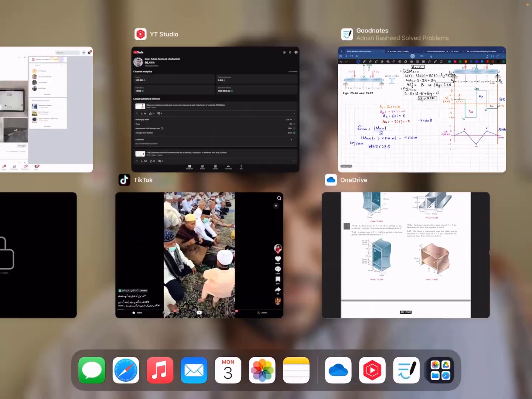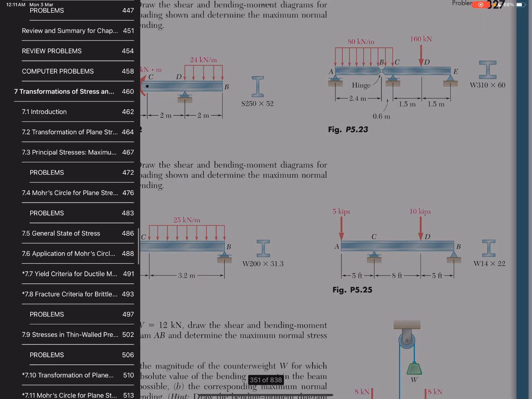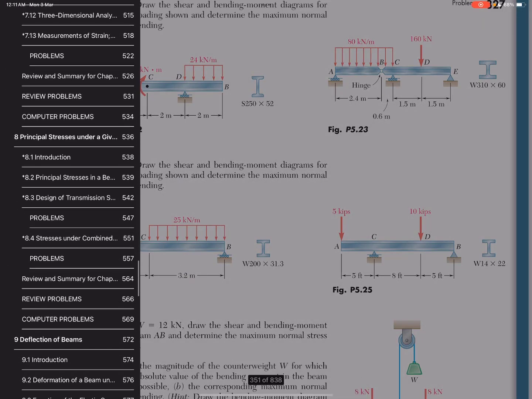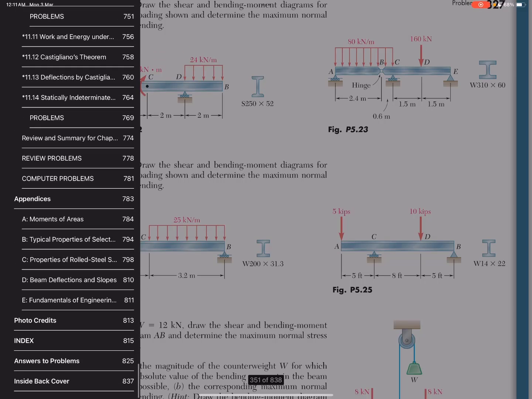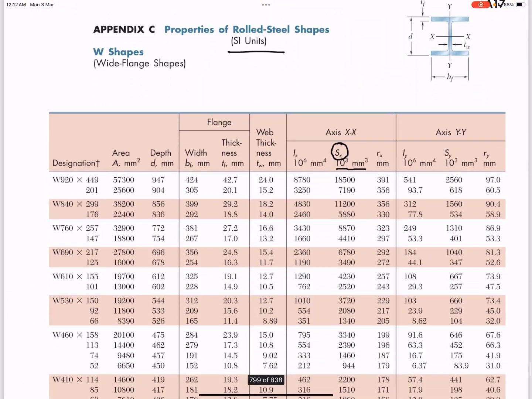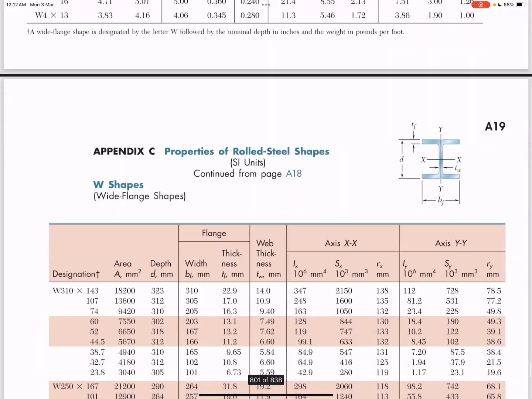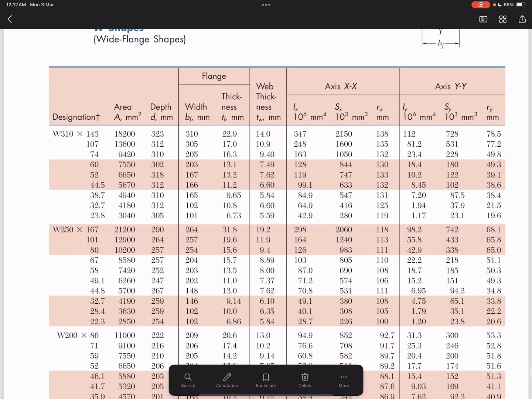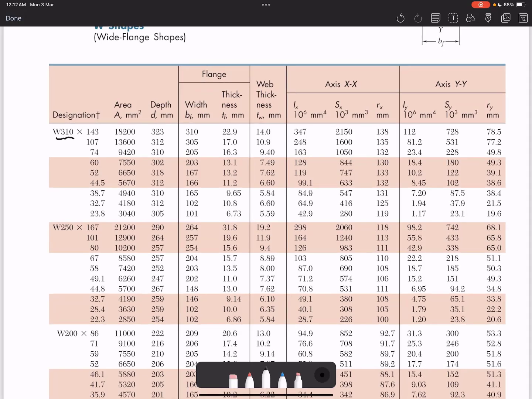I will go toward the table and you will select the W 310 by 23.8. So you have to go to the properties of rolled steel in appendix C. So here you will choose the SI units. Okay, so W310. Now you can see here that this is W310, but 23.8 is here.